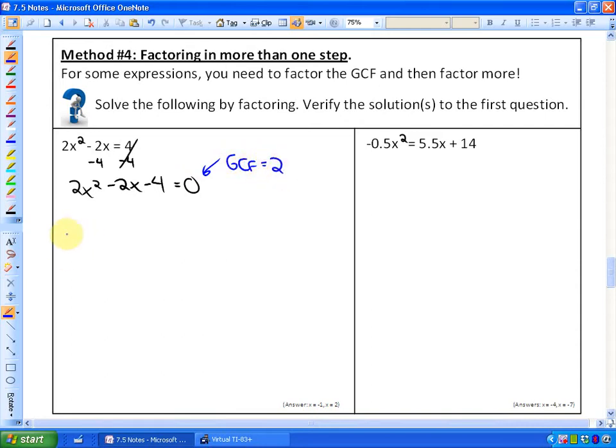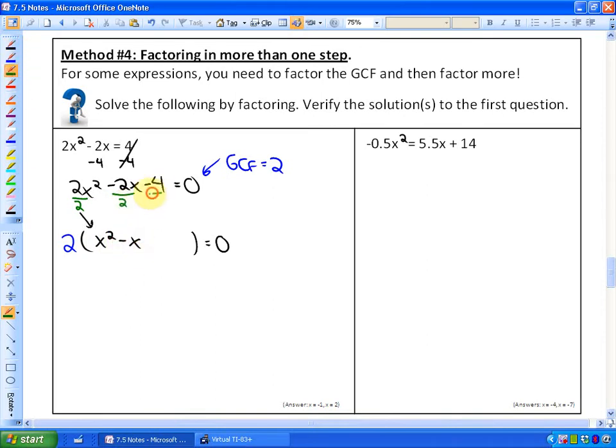So if I factor a 2 out of every single one of those terms, if I divide the first term by 2, I'm going to be left with x squared. If I divide the second term by 2, negative 2x divided by 2 is just negative x.